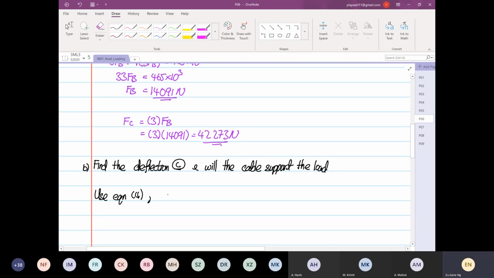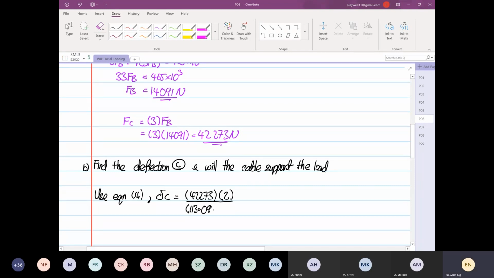So deflection of point C is equal to FC. Okay, so FC we found out to be 42273. Okay, so PL, the length is 2 meters, divided by the cross-sectional area, so it's 113.097.